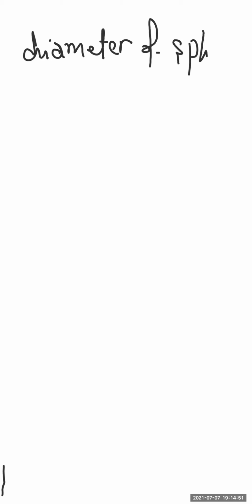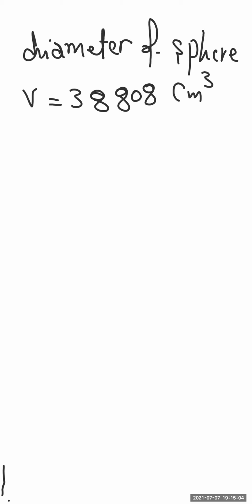Okay. Next question. Find the diameter of a sphere if the volume equals 38,808 cubic centimeters, knowing that pi equals 22 over 7.